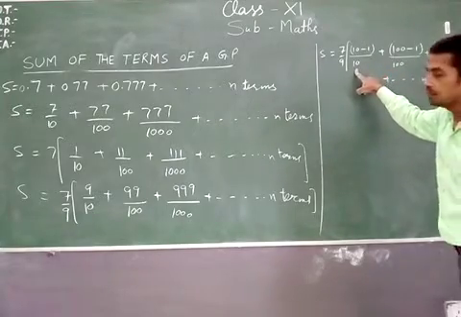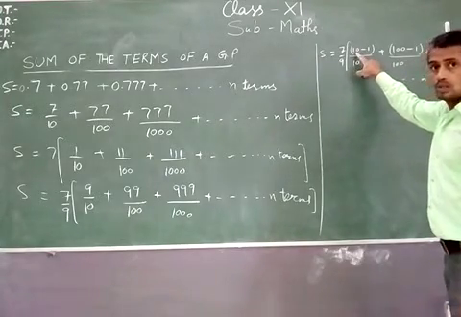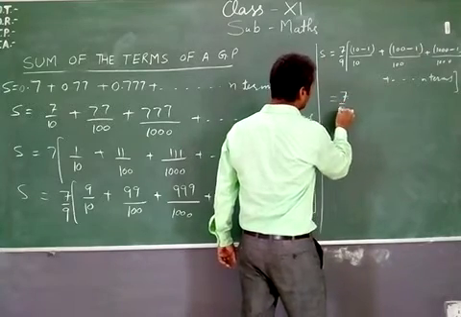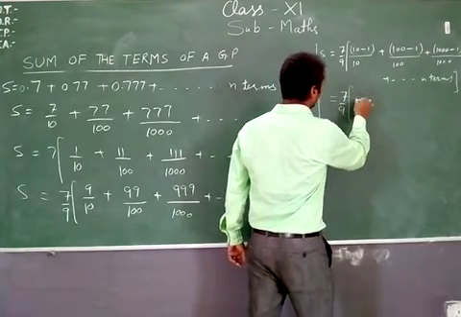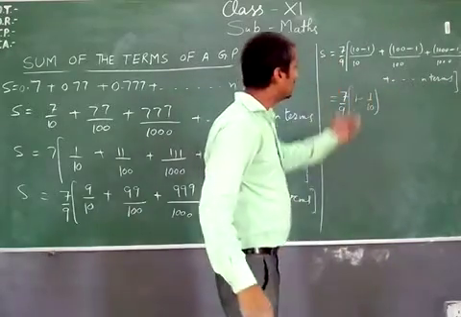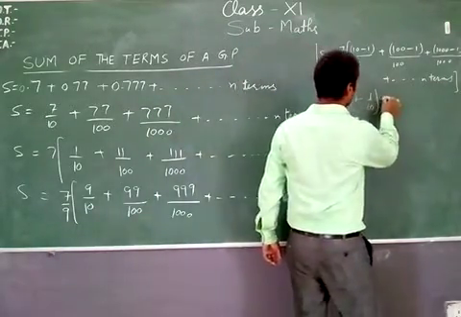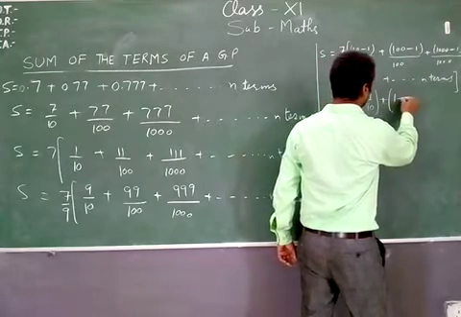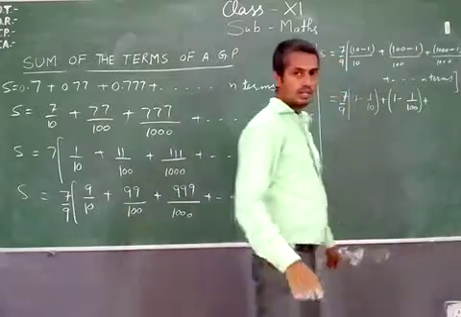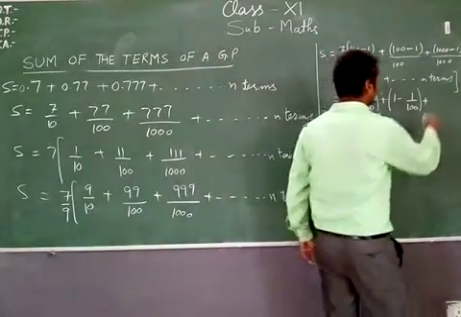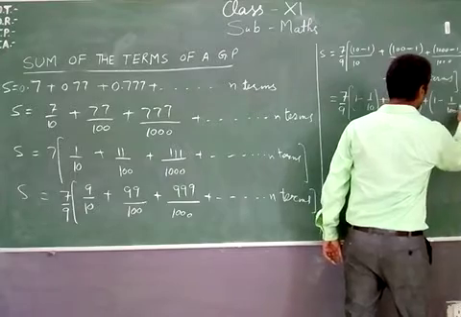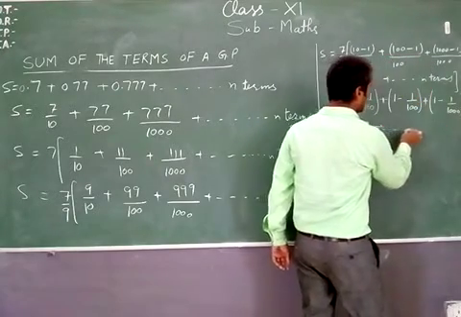Now we can divide by 10 in the numerator. We can write 7 by 9 into 1 minus 1 by 10. Similarly, the next term is plus 1 minus 1 by 100, plus the third term 1 minus 1 by 1000, up to n terms.